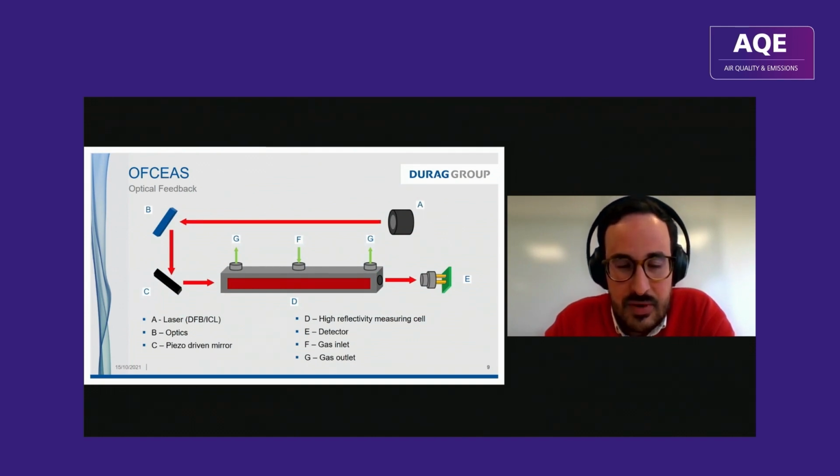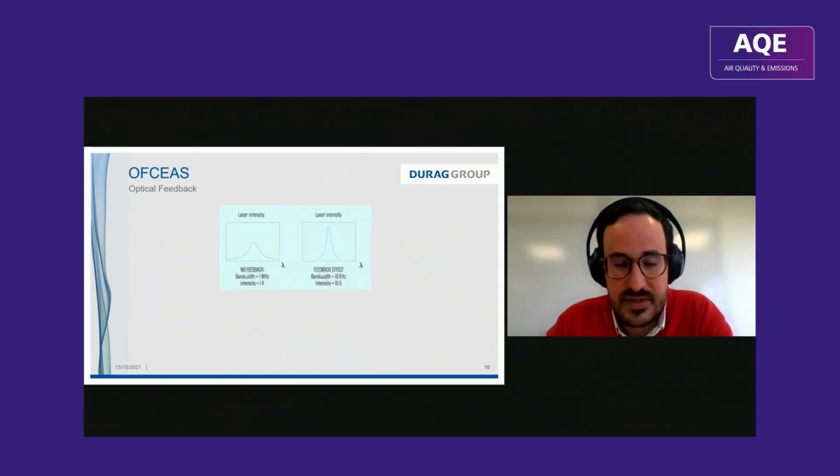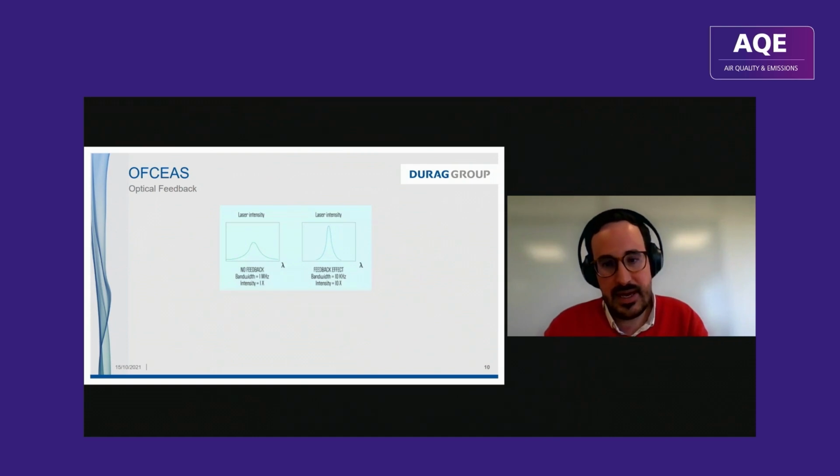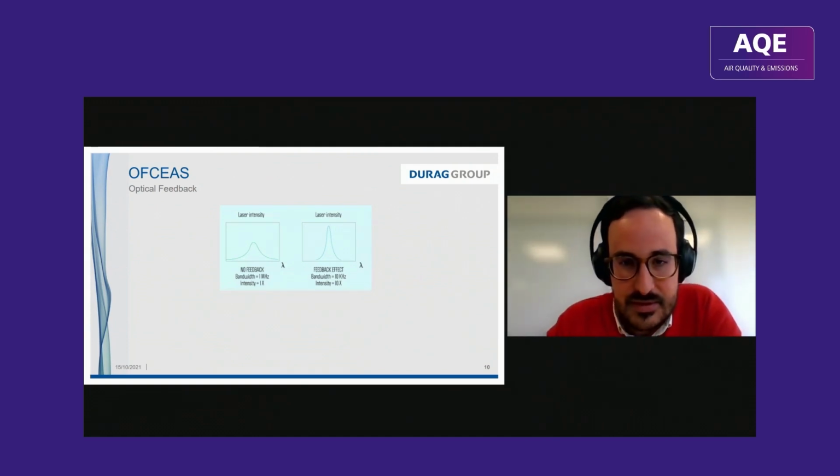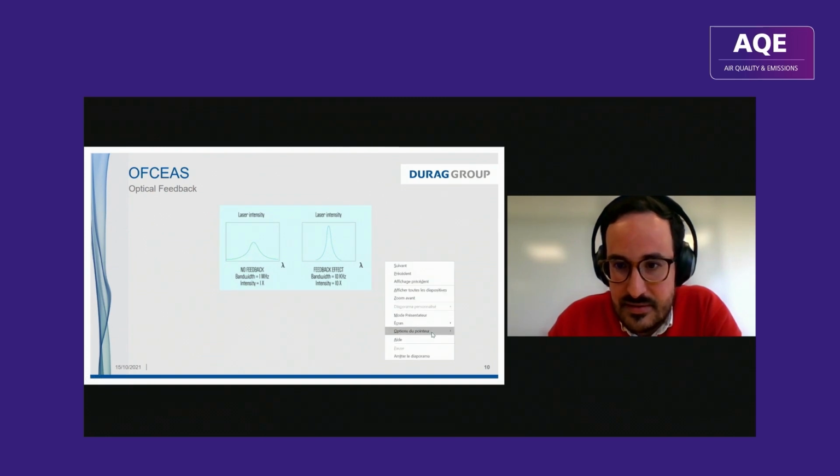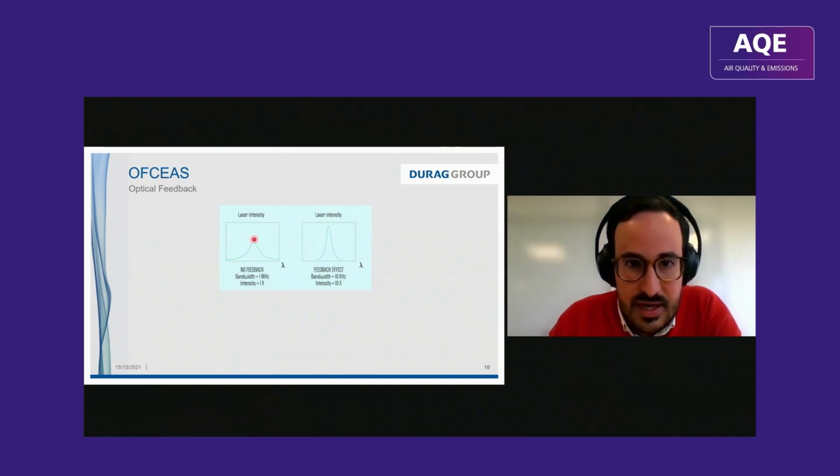Now we move to the second part, what we call the feedback effect, optical feedback. That's really part of the patent from the University of Grenoble, who own the patent of OFCEAS. The goal is to play on the laser. When you have a normal laser, the beam looks like on the left side: a large beam.